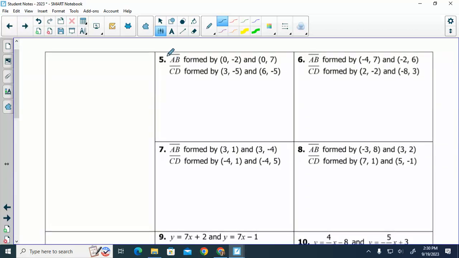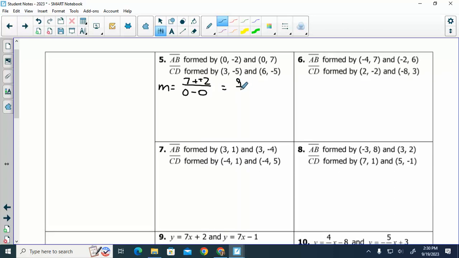We're only going to do one more of these. I want to do number 5. So when I do my first slope, y2 minus y1 over x2 minus x1.